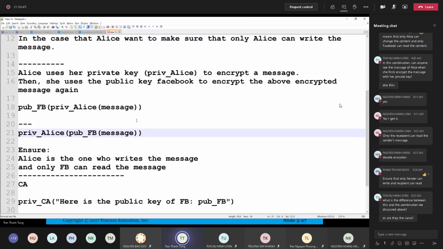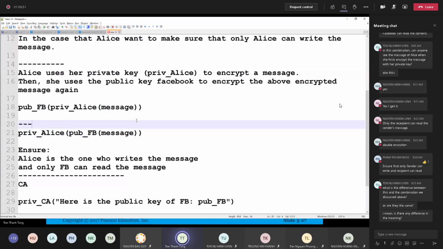So this one, actually people use this second approach first, because they want to ensure that before Facebook uses their private key to do something else, they want to make sure the message is from Alice.